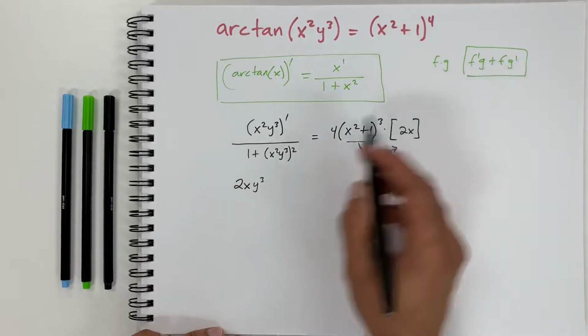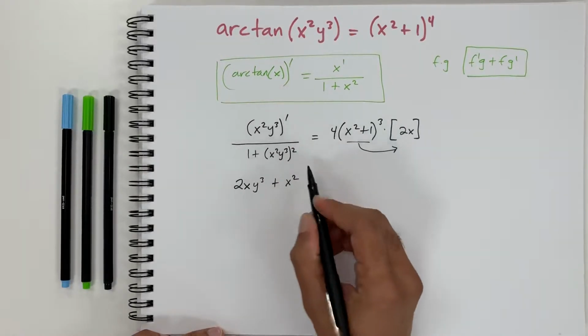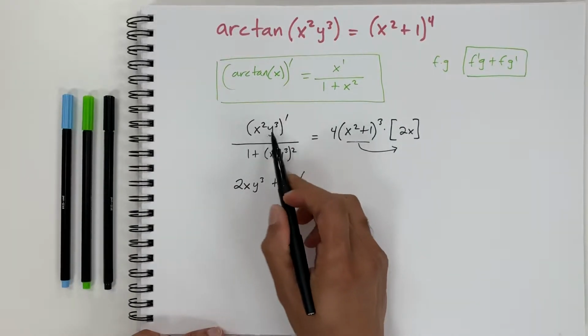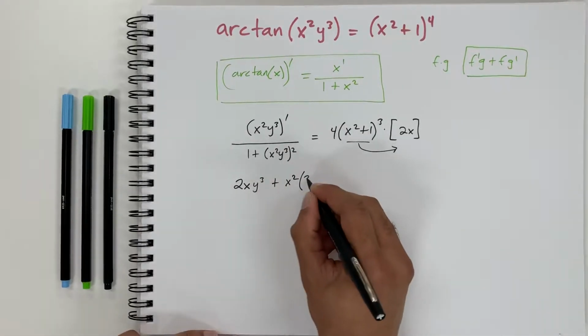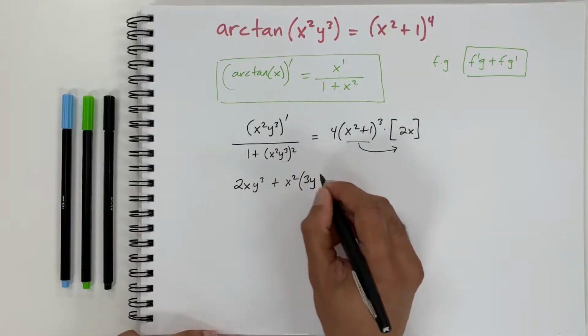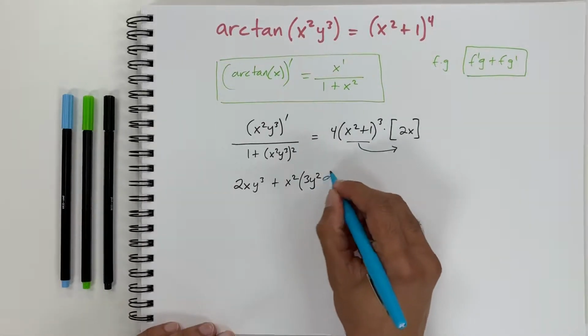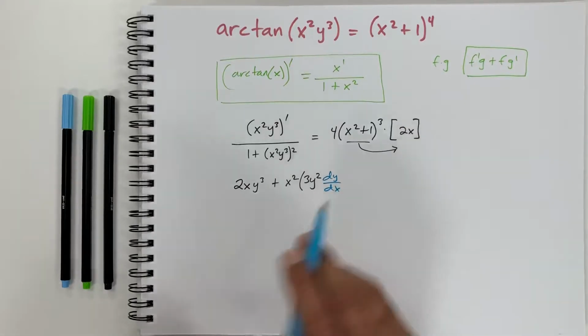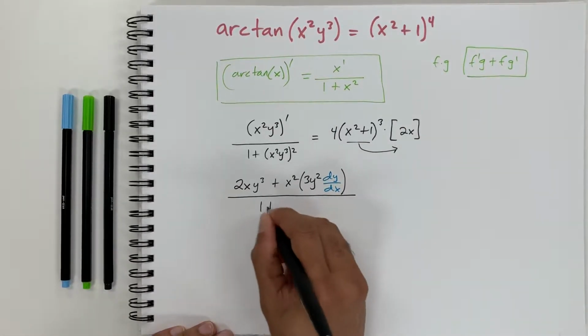So then we do plus f, or plus x squared. And now we do the derivative of the second term, which is y. And so we're going to get 3y squared, and we take away 1 from the top. Okay, and because we took the derivative of y, we're going to write dy dx right next to it. Okay, and that's it for the top part.